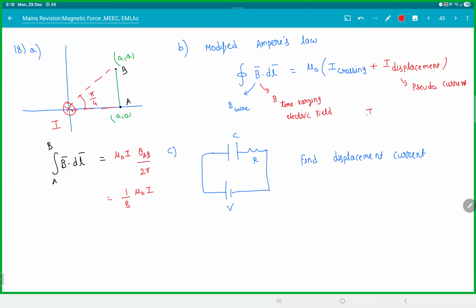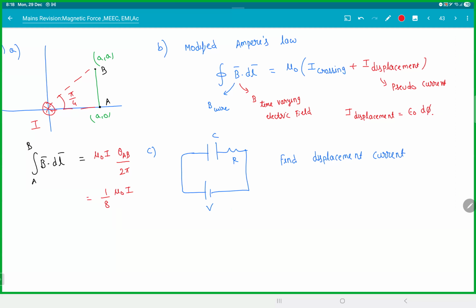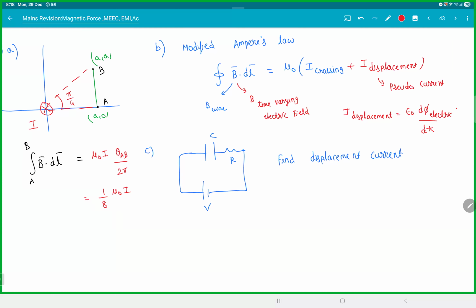And how do you find I displacement? Again, really not to worry much. I displacement is technically given by the formula epsilon d phi electric flux by dt. Which you actually solve, which comes out to be the regular current only, the current in the wire.